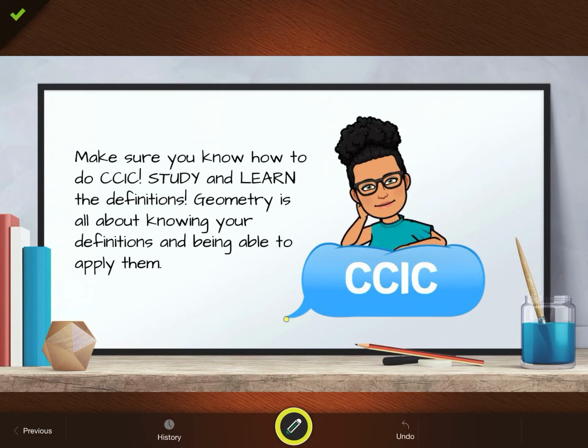We're going to practice a little bit more in a minute. But you got to be able to, when I say converse, switch should pop into your head. When I say inverse, negate should pop into your head, or not. When I say contrapositive, switch and negate is what you want to pop into your head.